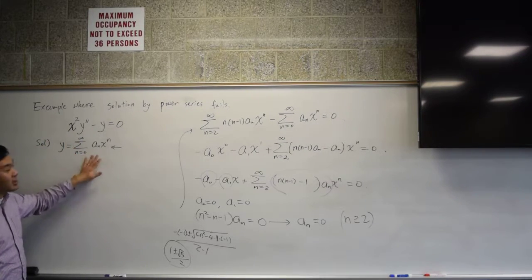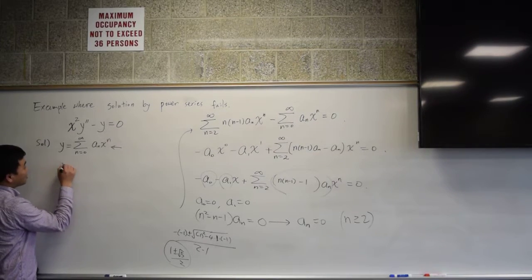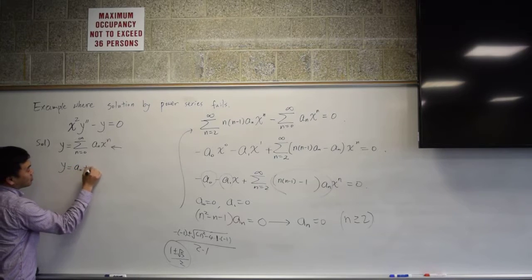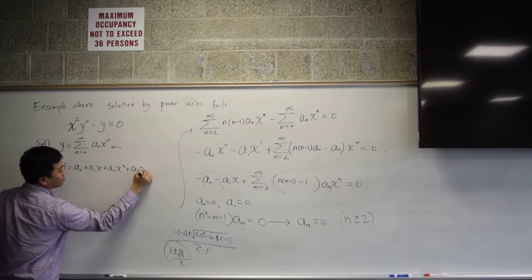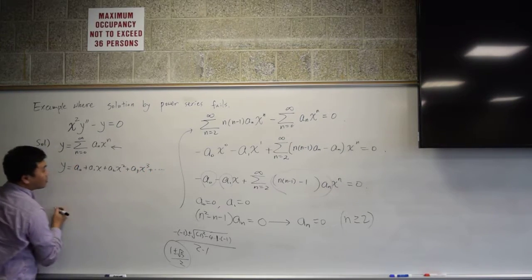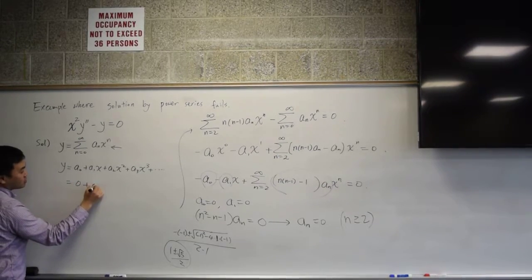But it looks like this ansatz failed because this really means y is equal to a0 plus a1 x plus a2 x squared plus a3 x cubed, and so on and so on. And now this result forces us to say that this is all 0.